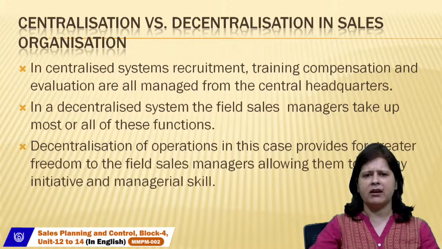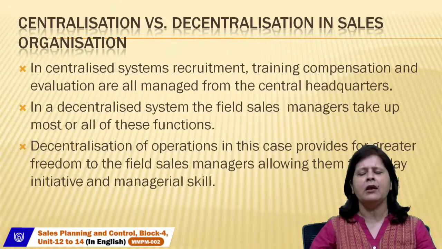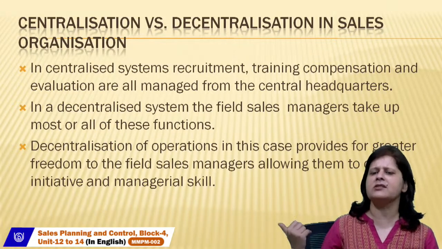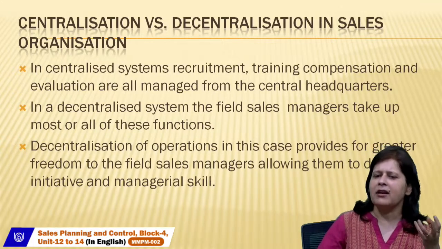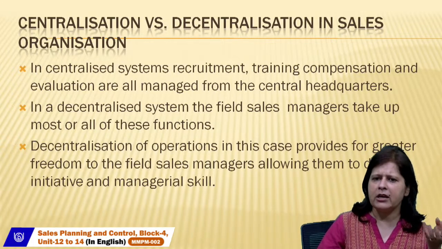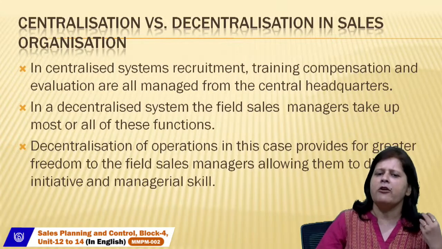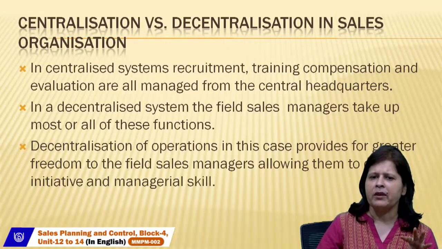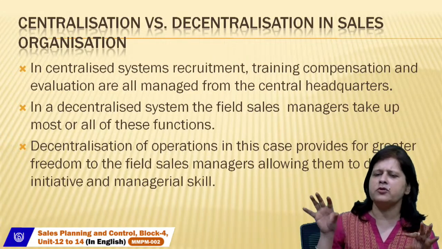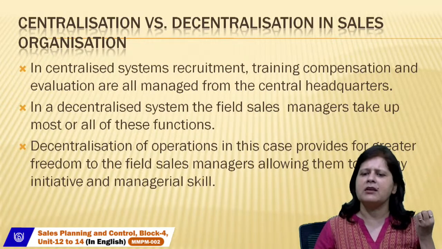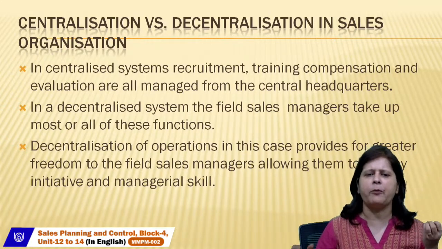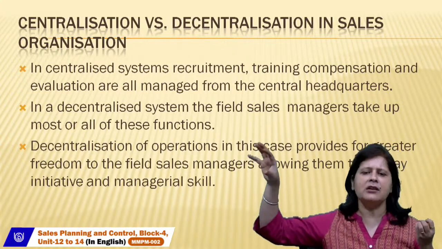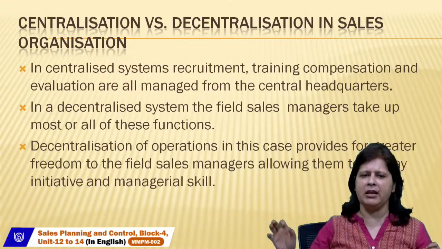Centralization and decentralization of sales organization. There could be two types of sales organization, the centralized sales organization and the decentralized sales organization. In a centralized system, recruitment, training, compensation, evaluation and all are managed from the central headquarters. In a decentralized system, field sales managers take up most of these functions. In centralized, everything is at one particular point, and in a decentralized system it is divided among many.